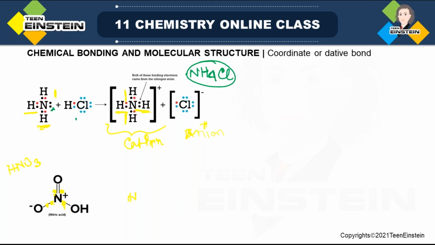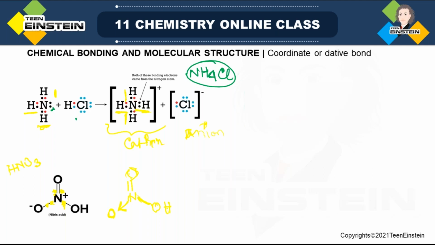I can also write the molecule like this, so that you can differentiate between covalent bond and coordinate bond. I will now use an arrow, and there is oxygen. When you use an arrow, you don't have to put any positive or negative sign, because the arrow already indicates that nitrogen is positively charged and oxygen negatively charged, because oxygen is not giving any electrons, rather it is accepting electrons.